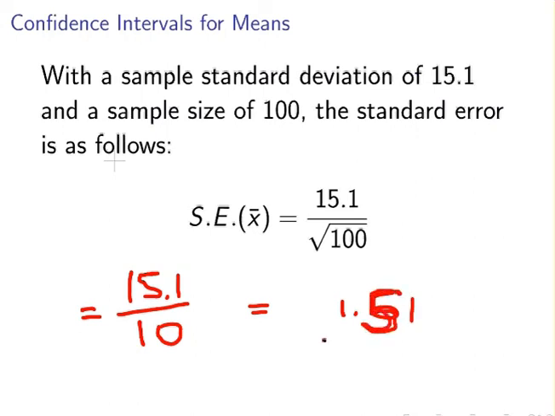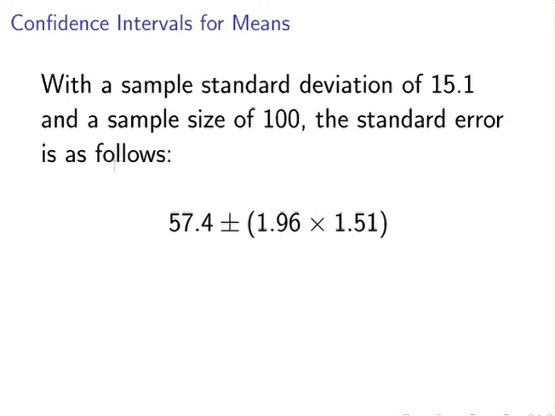So moving on, we have to put all these values together. So we have our sample mean, we have our quantile 1.96, and we have our standard error. Just as a remark, the product of these two terms is known as the margin of error in some textbooks.